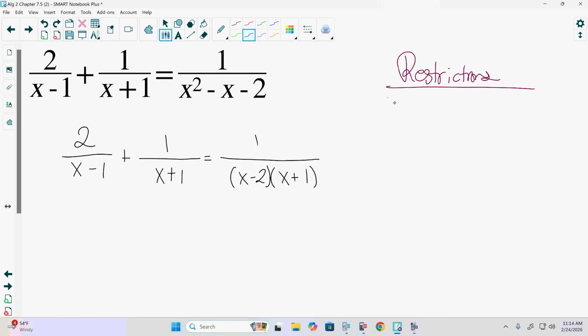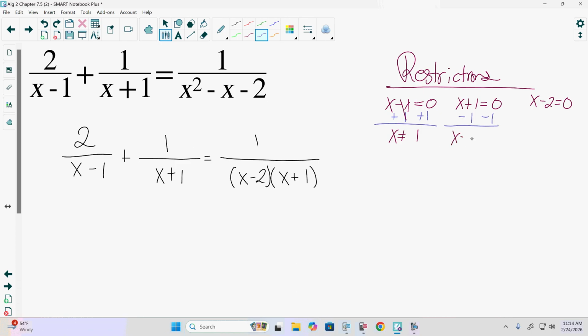So one of those expressions that we have on bottom is X minus 1. And if it's equal to 0, that's not going to work. We also have X plus 1. And actually for this one we have a third one. We got 3 of them. Now for X minus 1 we would add 1. If X is equal to 1, that's not going to work.